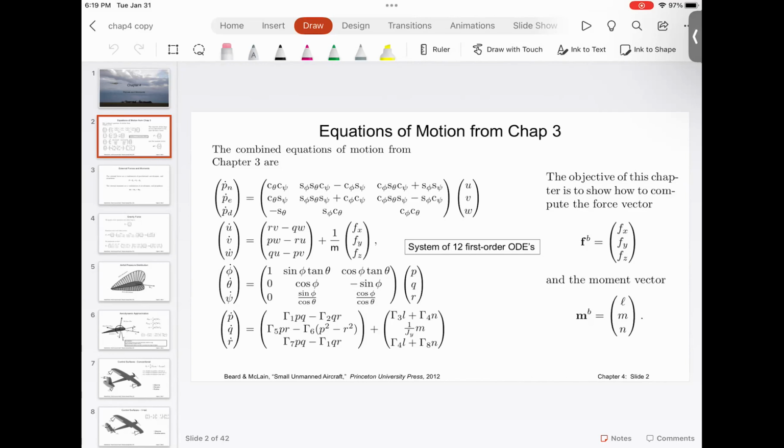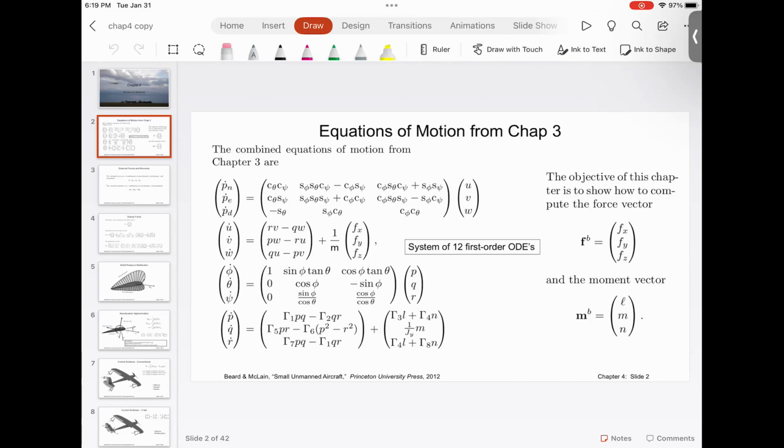This entire chapter is devoted to how do we find out Fx, Fy, Fz, and how do we find out L, M, and N.